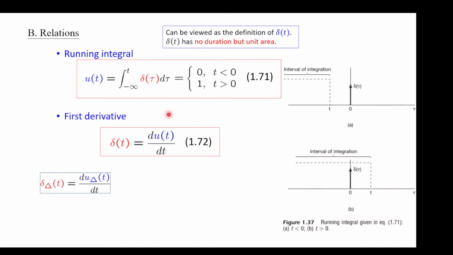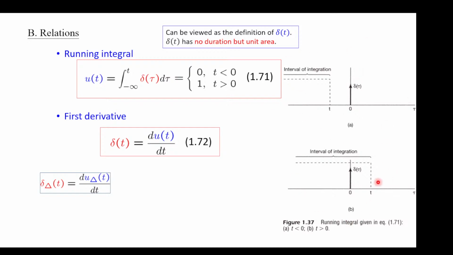From just this equation, you can derive this equation. So the unit step function is the integration of the unit impulse function. The integration area is minus infinity to t, delta of tau d tau. Okay. And you can view this as this picture.